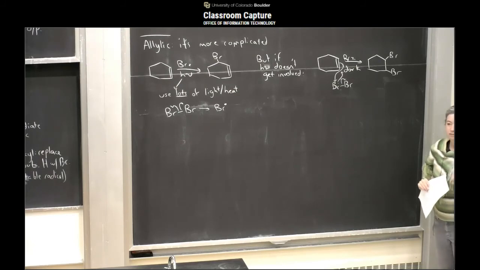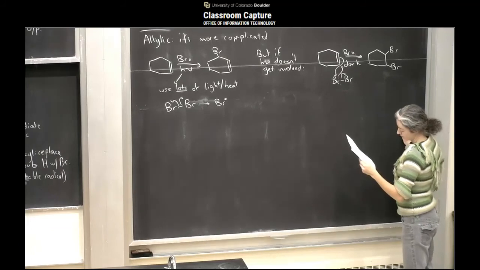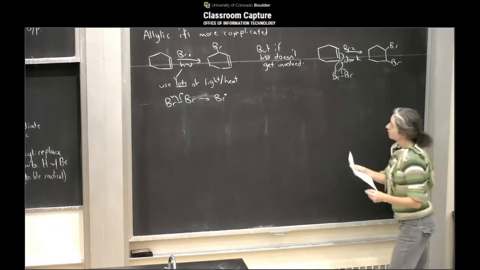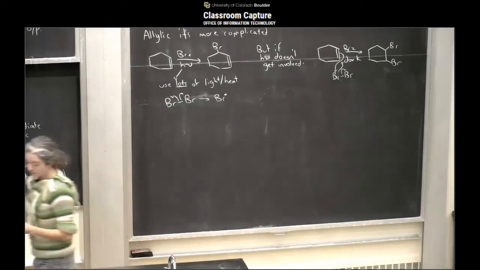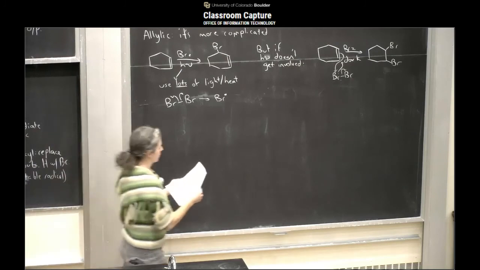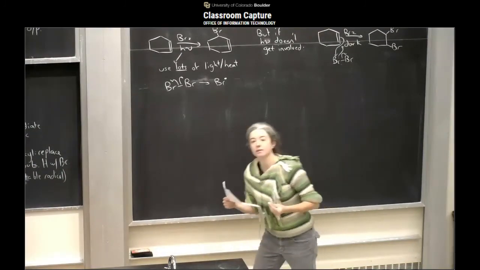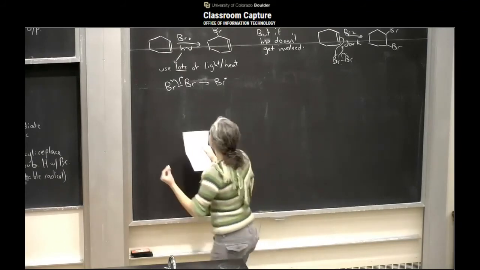Okay, cool. So there is actually another way to favor radical addition, and that's by using a new reagent that we haven't covered yet. Okay, I still got 5 minutes.